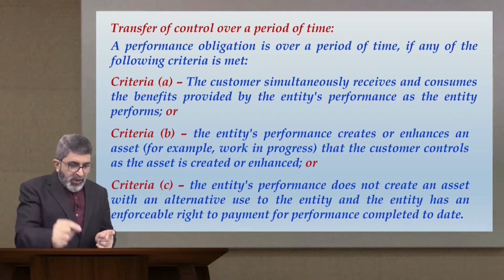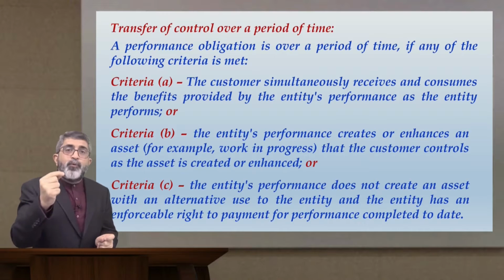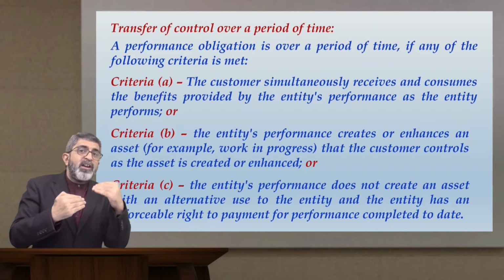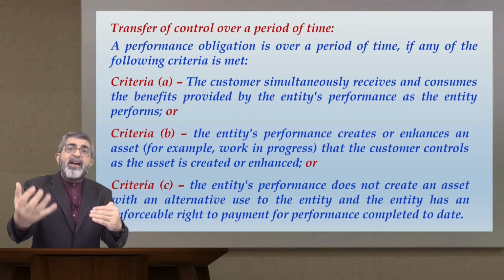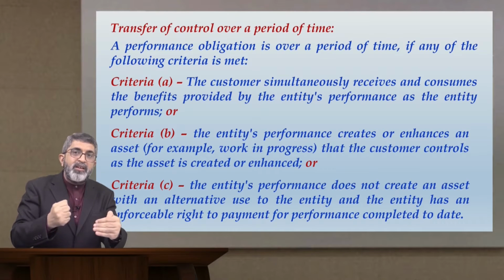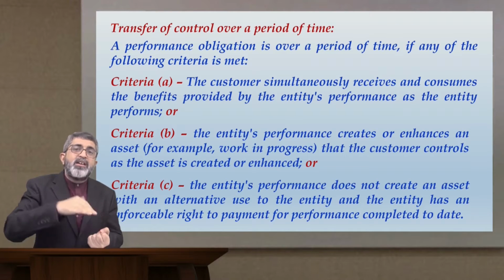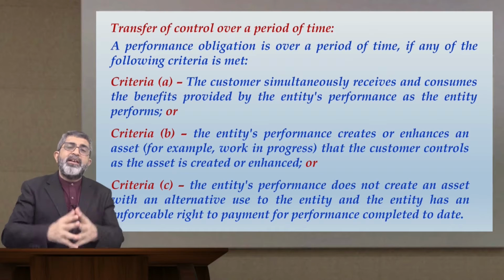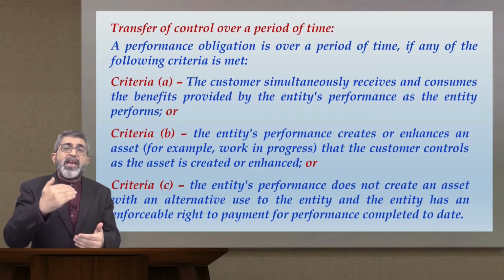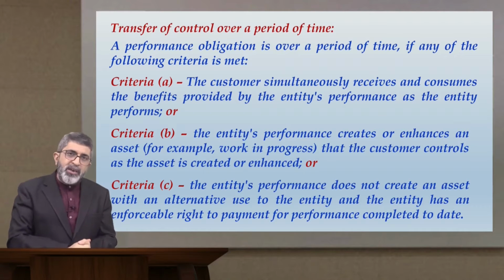And the other condition over there, the entity has an enforceable right to payment. So to the extent I have completed the work, I have the enforceable right to receive the payment. That is why, based on that right to receive payment, I can conclude that I have completed that much work, and therefore I can recognize the revenue over a period of time based on the stage of completion.